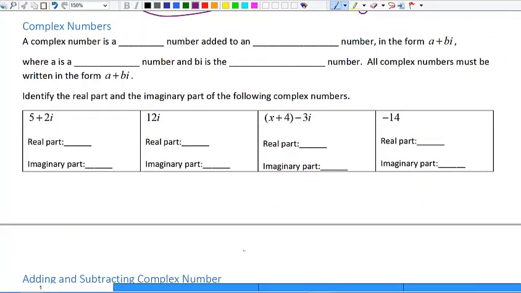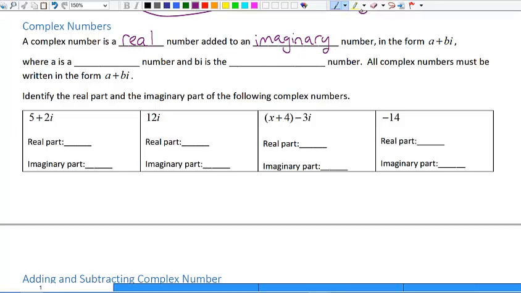Now what happens when you have real numbers and imaginary numbers and you're trying to manipulate them together? Well, in this case we get a complex number. A complex number is a real number added, really, or subtracted to an imaginary number in the form a plus bi.